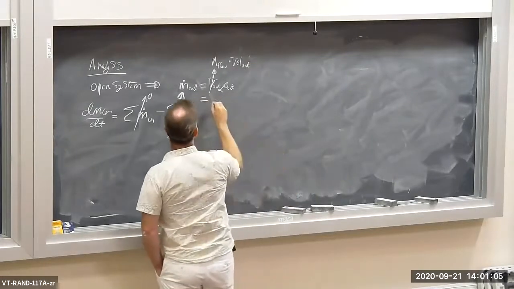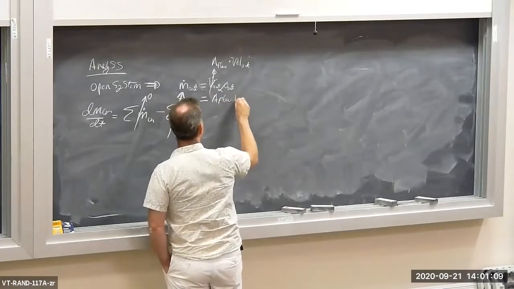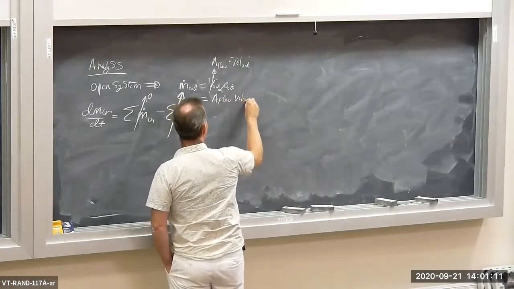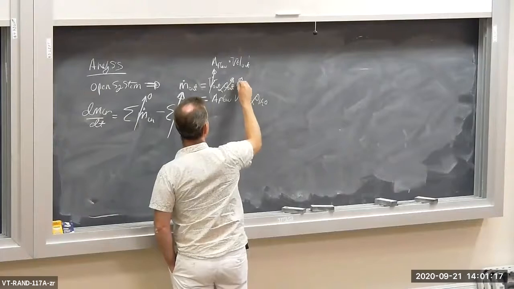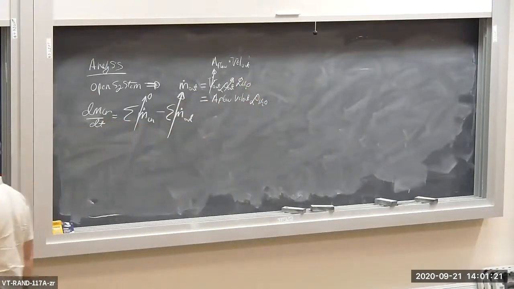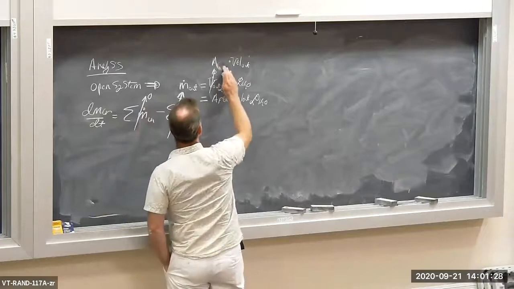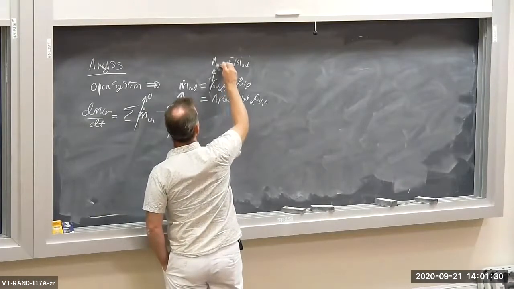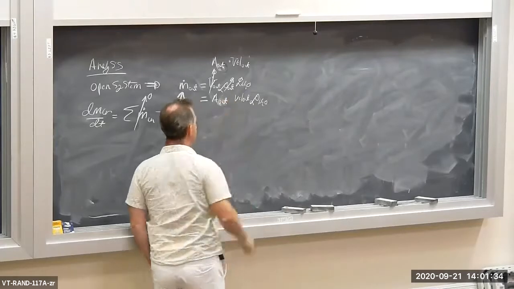In other words, A flow, VEL out times the density of the H2O. So rho out is the density of the H2O, okay? I'm calling this A out, keeping my nomenclature the same, the outlet flow area. All right?